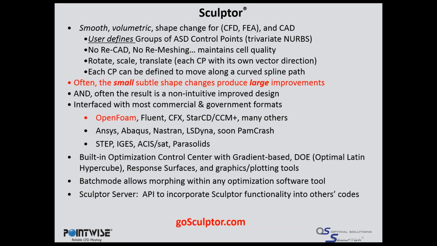The optimizer we're looking at today with this DrivAer model is the design of experiments, and it's an interesting way to look at your design space. We also have batch mode so that Sculptor can be used with any other optimization software, and an API called Sculptor Server that you can use to incorporate Sculptor into your own software.